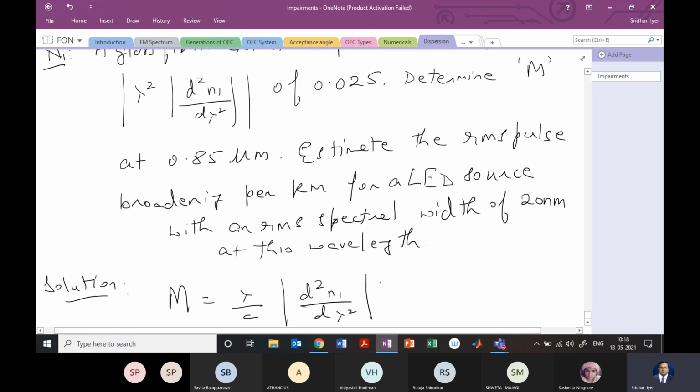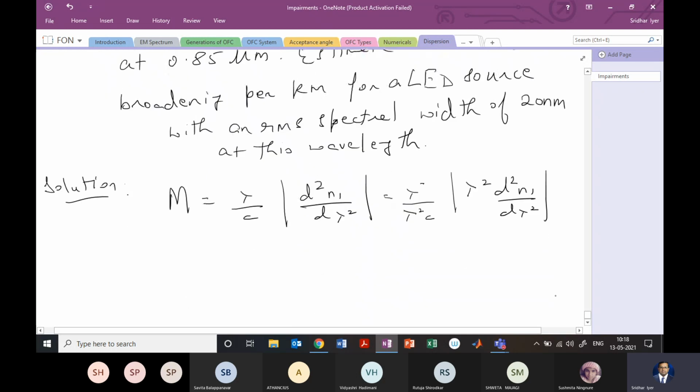However, if you see the value inside the modulus and the value which is given to us, they look the same inside the bracket, d square n1 by d lambda square, but we are missing a lambda square outside. Therefore, what I'm going to do is multiply and divide by lambda square. Okay. So once you do that, you'll get lambda divided by lambda square c, modulus lambda square d square n1 by d lambda square. We just multiplied and divided by lambda square.